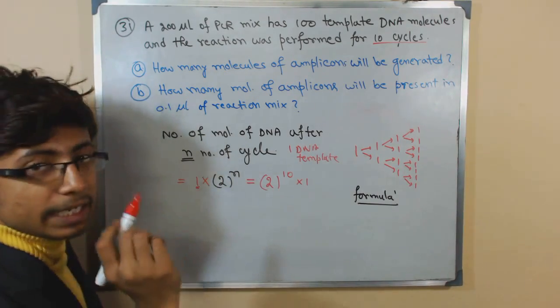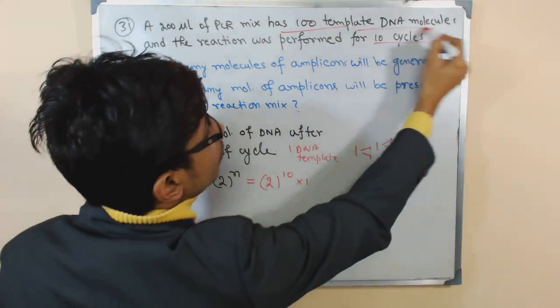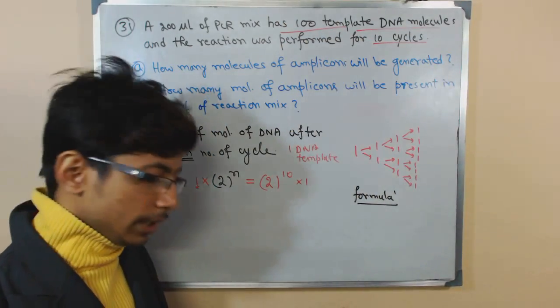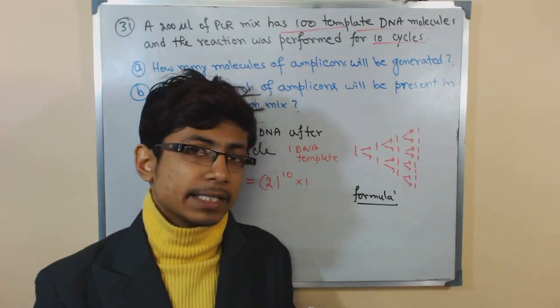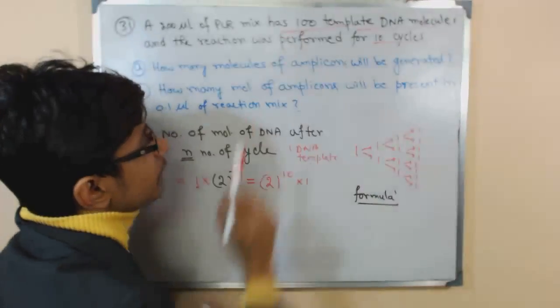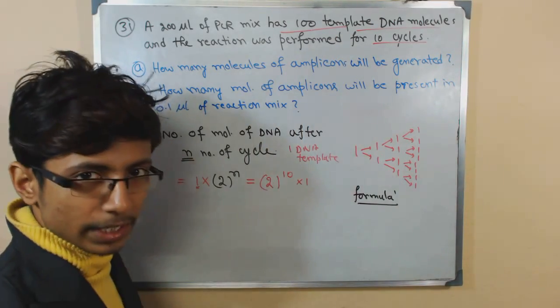But remember, here they tell us the PCR mix contains 100 template DNA already. So it never actually consists of one DNA, because we add some concentration of DNA as a template. So here the number of template DNA at the start is 100, not 1.